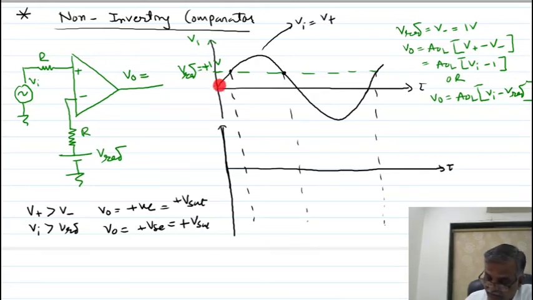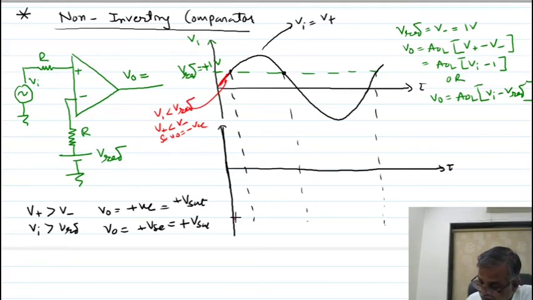During this time, Vi is less than V reference. When Vi is less than V reference, my output is negative. So here, up to this point, Vi is less than V reference, V plus is less than V minus, so VO is minus VCC.